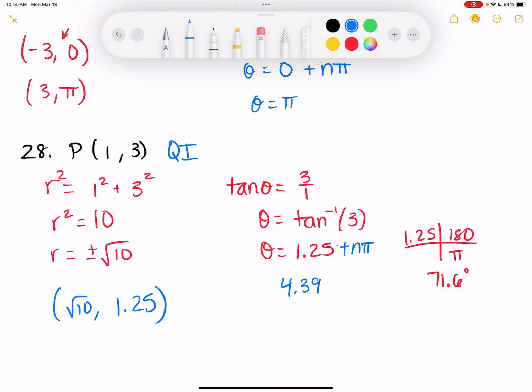Okay. So that is down in quadrant 3, but I need to be in quadrant 1 because that's where the original point was. So that's why I'm going to use the negative root 10 one, so that when I have that angle, it flips it back into quadrant 1. So then this would be negative root 10 and 4.39.